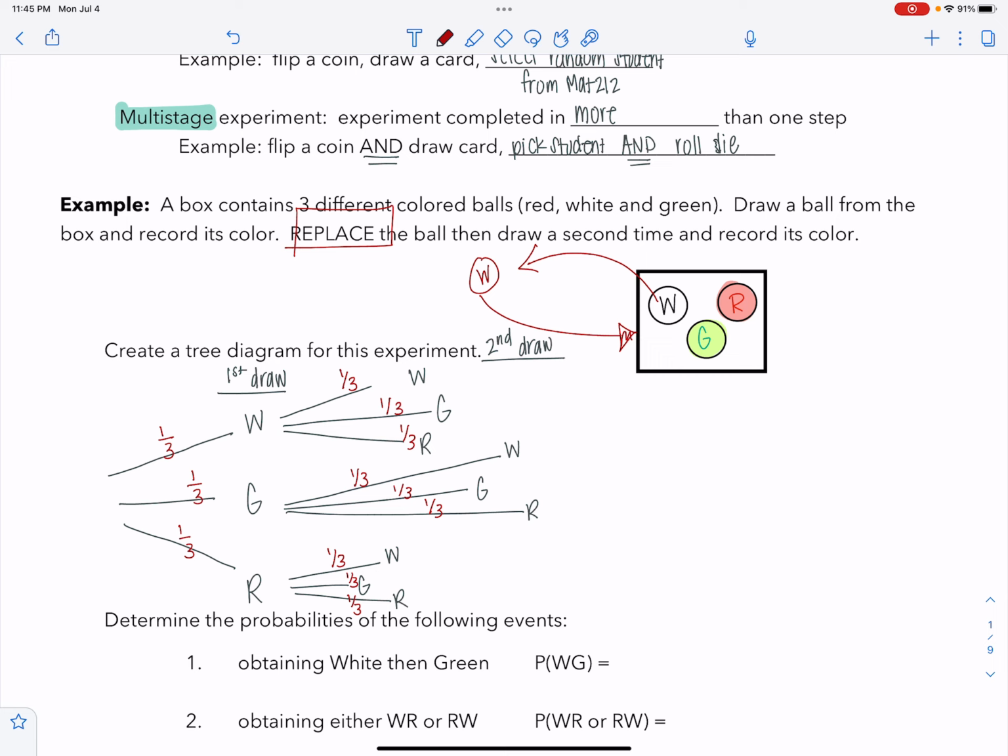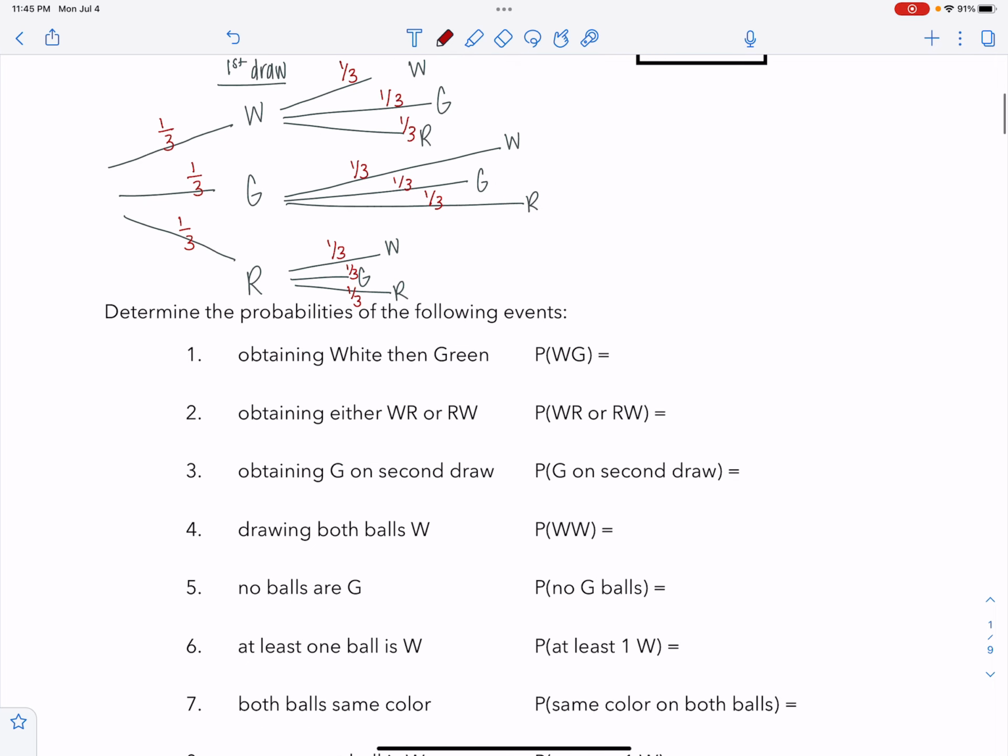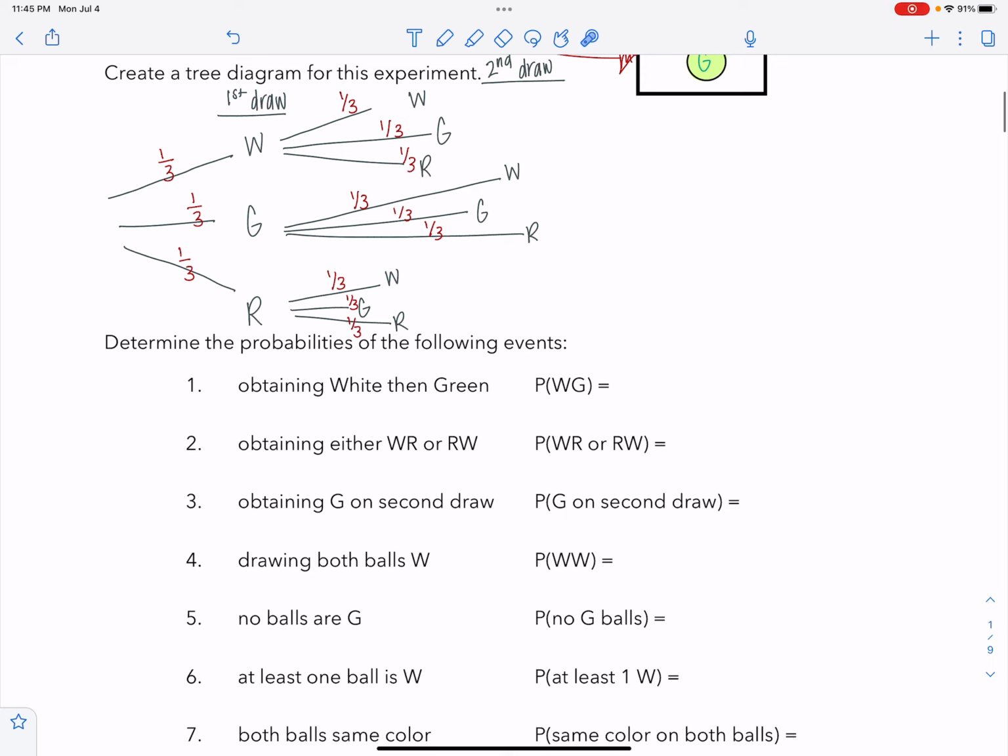Now let's look at some examples using the tree diagram to find the overall probabilities. It says determine the probabilities of the following events. First, obtaining a white, then a green. I'm looking right here at obtaining a white and then a green ball. The probability of a white ball was 1 out of 3, and the probability of a green ball is 1 out of 3.